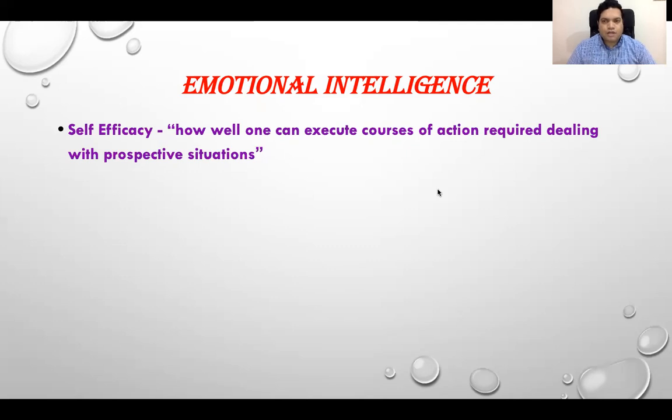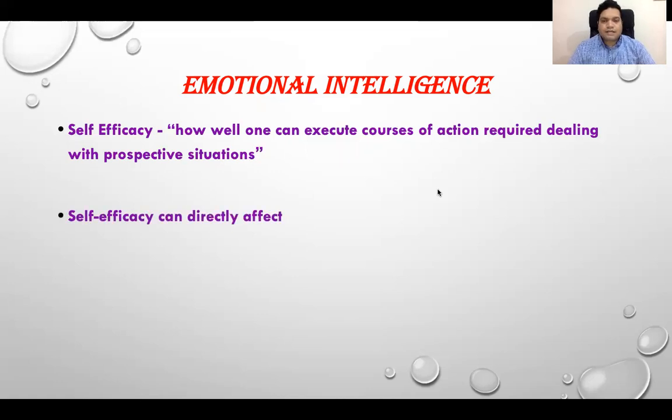It is how well one can execute courses of action required in dealing with prospective situations, that means the situations at hand. It also refers to an individual's conviction or confidence in his or her ability to mobilize motivation, cognition, resources, and a course of action.